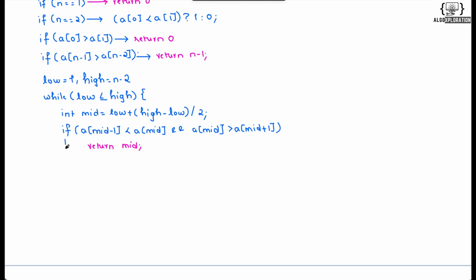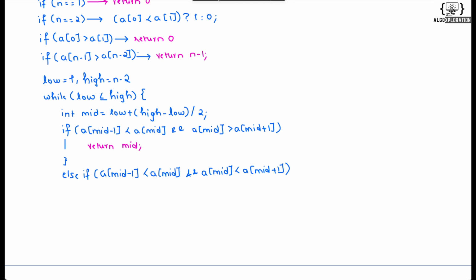But if the mid value is not the peak, we have to have another condition. If a of mid minus 1 is lesser than a of mid and a of mid is also lesser than a of mid plus 1, then we can see that the value present at mid plus 1 is greater. So we have to go on the right hand side.